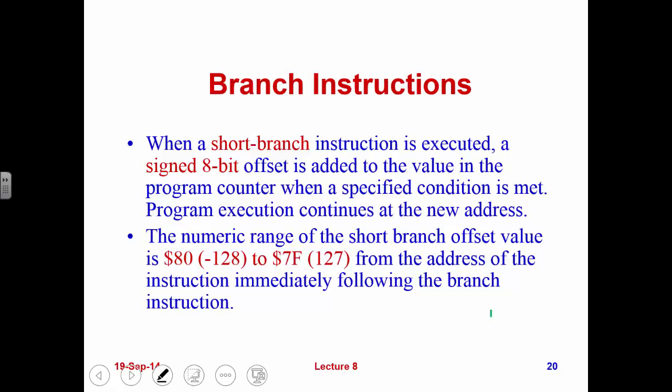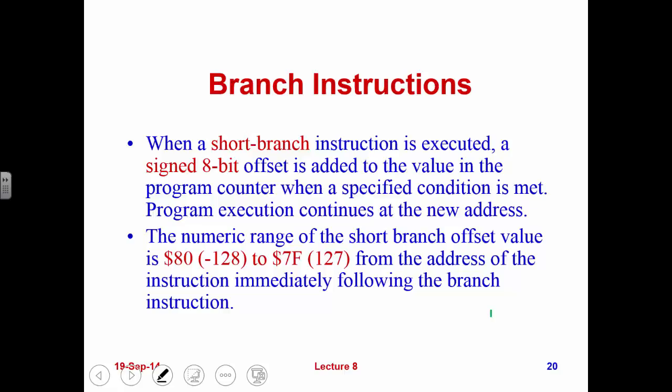Then when we try to run a program, the CPU has to go to memory to fetch the machine code of this assembly language program's instructions. Then after you fetch, you decode. After you decode, then you take action. So when we talk about the branch right now, we assume we already have all machine code in memory.